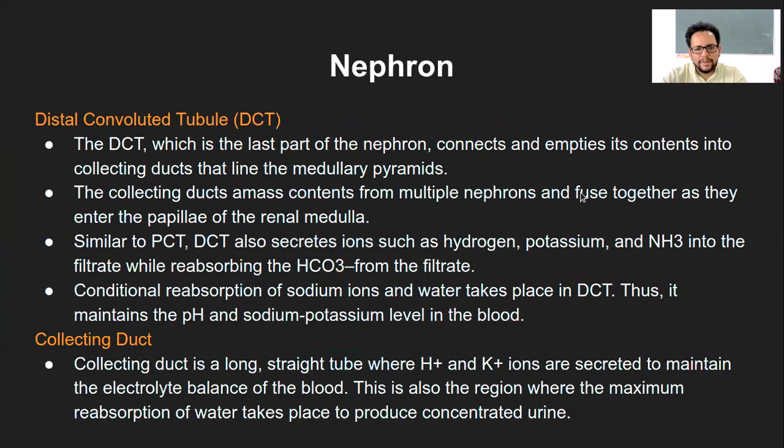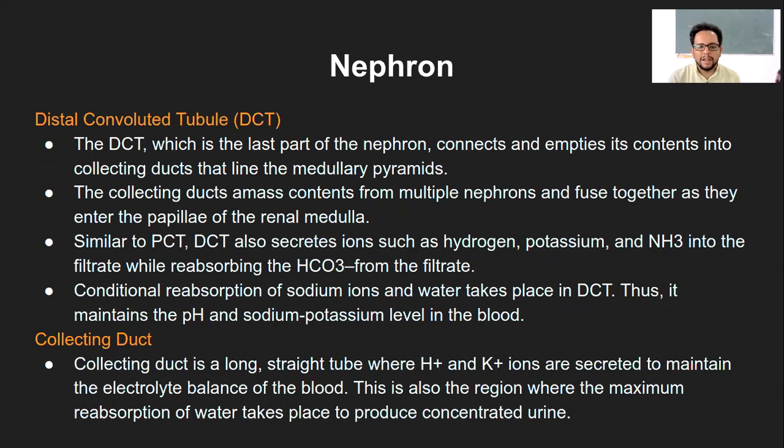So similar to the PCT, that is the proximal convoluted tubule, the DCT also secretes ions such as hydrogen, potassium, and ammonia, and reabsorbs bicarbonate. And why does it do that? Because if the PCT is not able to maintain the acid-base or electrolyte balance, then it can come to the DCT to act more efficiently, and from there the reabsorption or secretion of certain ions can happen based on whether the urine is acidic, basic, or whatever the situation is.